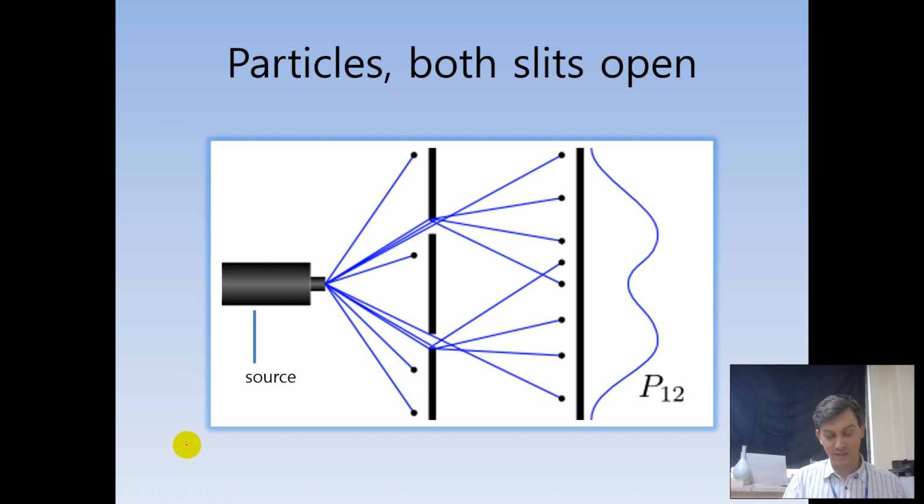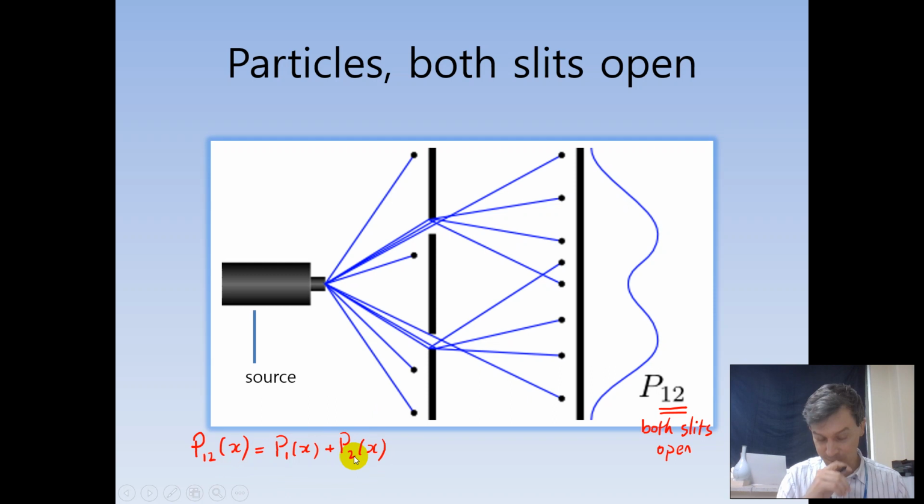Okay, so in particular with both slits open, the probability of detecting a particle at x is equal to the probability if it went through the first slit plus the probability that it went through the second slit. Okay, so here P12 again is the probability to detect the particle at a particular position x along this screen when both slits are open. So 1, 2 here means both slits open, whereas P1 is with only the first slit, P2 is with only the second slit. Okay.